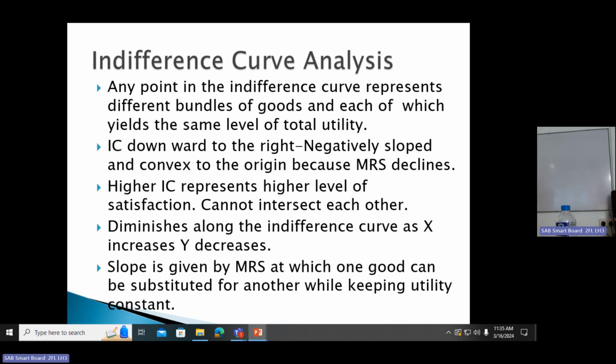Here we include two products, X and Y. So these are the two products, or two bundles of goods, and so it explains the different combinations.